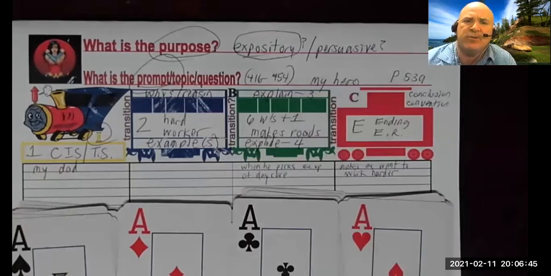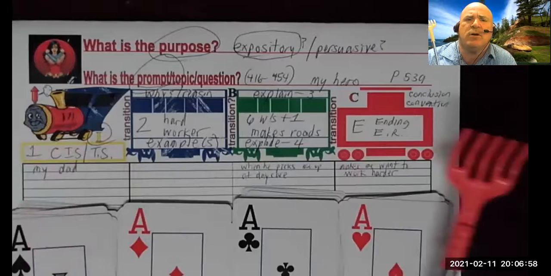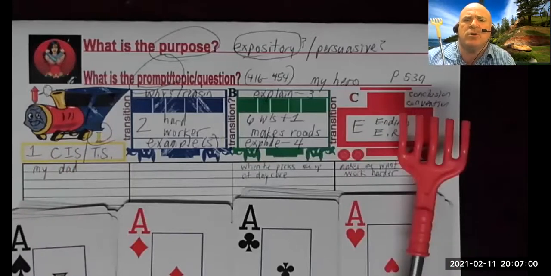That would be 8 lines each for 2 different reasons, or 16 lines to write 1 reason and explain and explode it. And the reason I don't say sentences is because students write from small to medium to large.